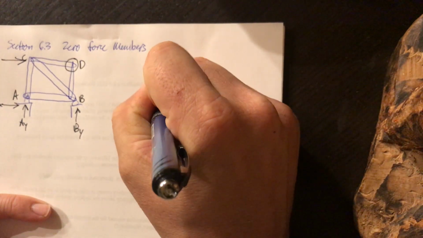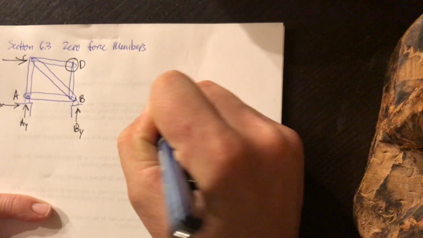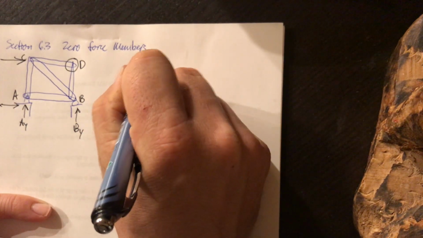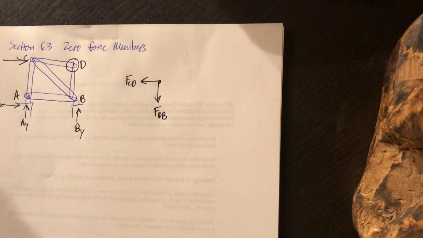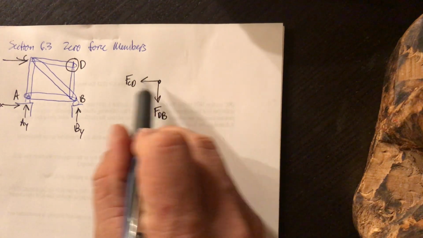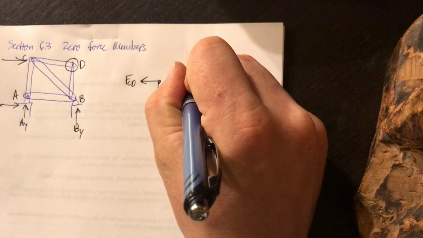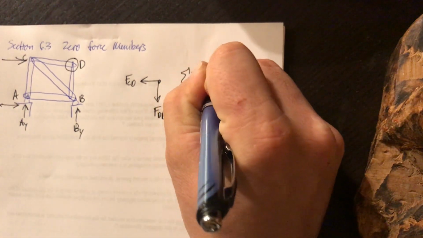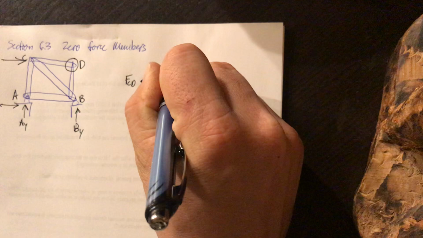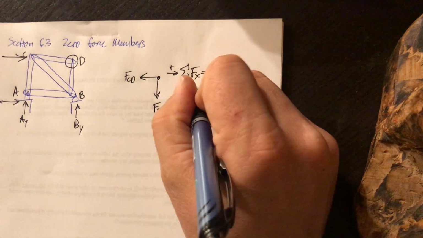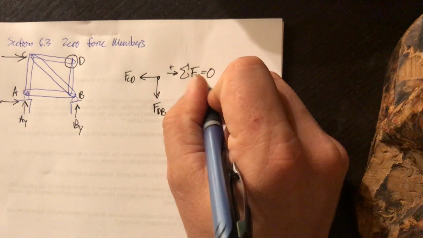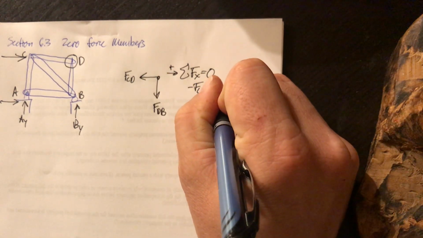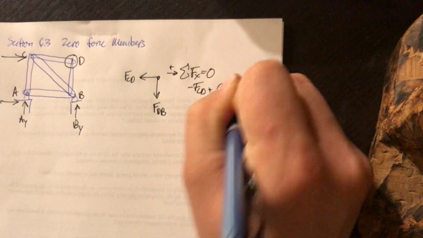So in joint D, we're going to have FDB going down and FCD going to the left, right? Because we always draw our joints in tension when we don't know what they are. But so we have FCD and FDB. And if I sum the forces in the x direction and set that equal to 0, assuming to the right is positive, then what I'm going to get is negative FCD, because it's going in the negative direction, plus nothing is equal to 0.